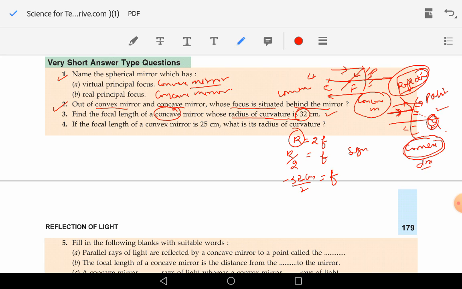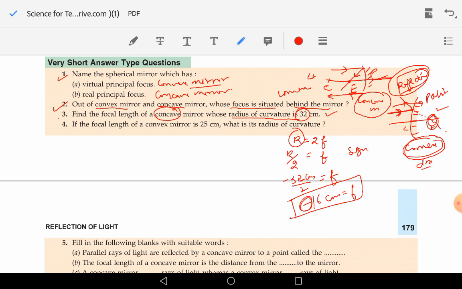So minus 32 upon 2 is equal to f, and the focal length comes out to be minus 16 centimeter. And what does this minus tell us? That it is to the left of the origin. That is, the distance from the pole is to the left of the pole, and the pole is also called the origin of the mirror.